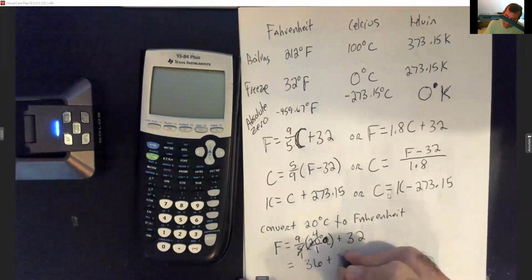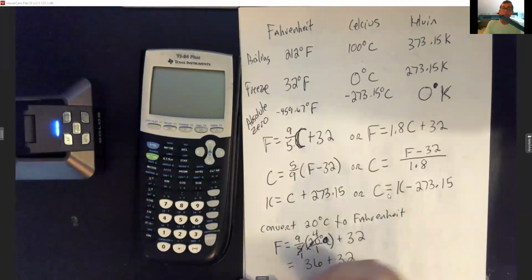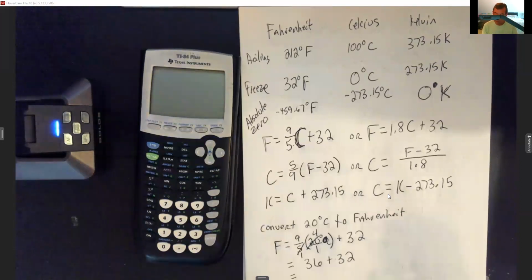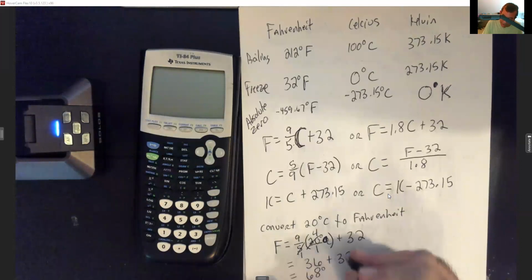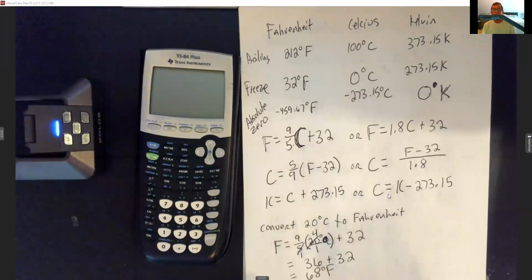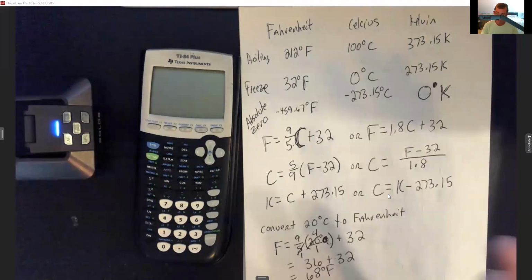Then I bring over my 32. Then finally I add 36 plus 32 and I get 68. So 20 degrees Celsius is the same as 68 degrees Fahrenheit. So you just use these formulas to convert from one way to the other, okay?